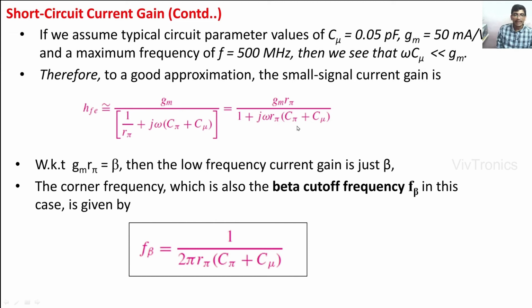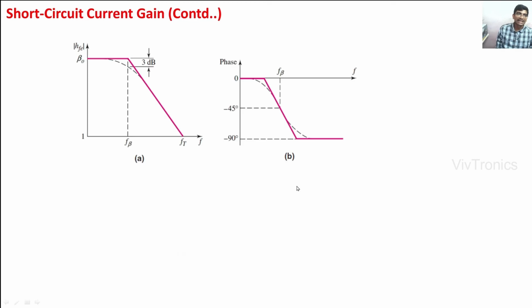Here I am expanding this omega as 2 pi f. Therefore I can get f by f beta in this denominator section. Therefore the HFE will be equal to Gm R pi divided by 1 plus j into f by f beta, like that I will get.